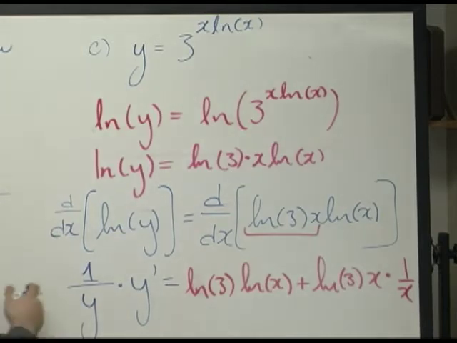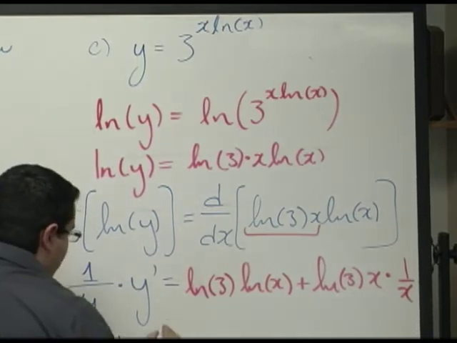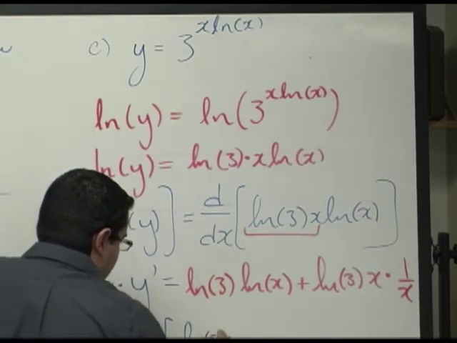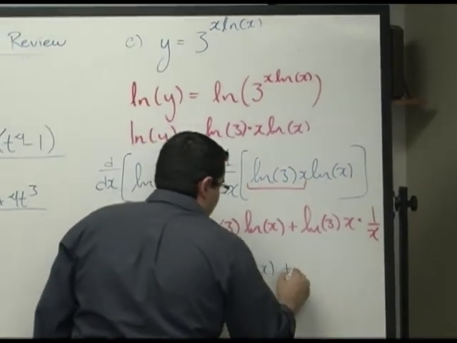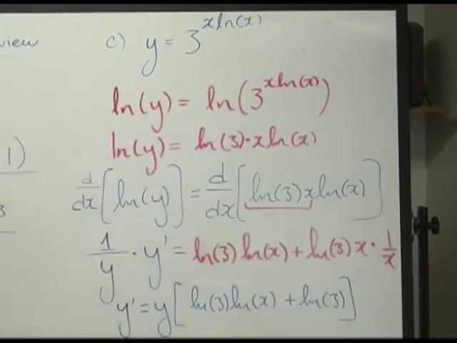Okay, so I'm going to multiply both sides by y, and you get y prime is equal to y times natural log of 3 times the natural log of x plus the natural log of 3. Not to mention that we know what y is equal to.